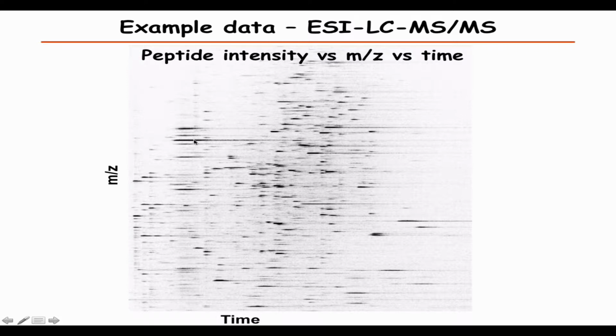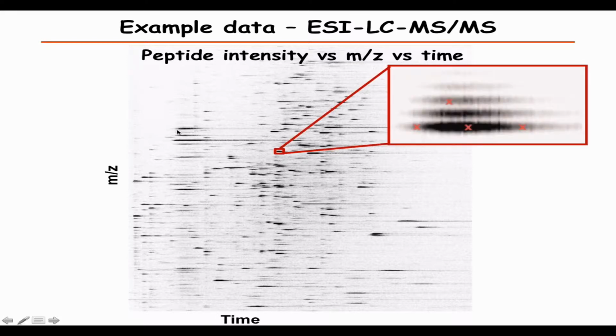In general, a peptide will start appearing at some time and then go away after a little while. But as you see, this is the ideal case, and sometimes there are these streaks. It's a peptide that appears, but then there's a very long tail, which one should definitely avoid if possible. But chromatography is usually quite hard to do properly.